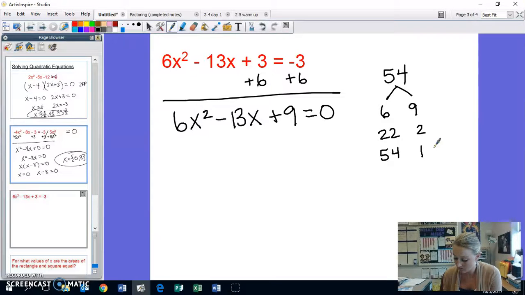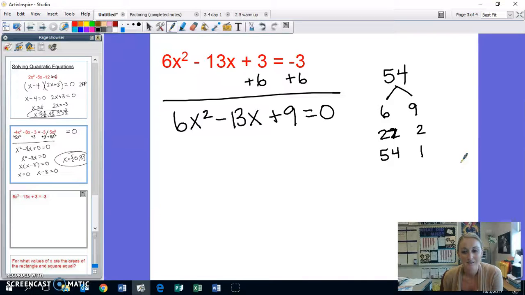You can keep going. 54 divided by 2. Oh wait, this is 27, not 22. Still doesn't work though. 6 times 9 is 54. So what are the factors I'm missing? 54 divided by 13? Nope. Divided by 12? Nope. 54 divided by 2, that's not going to help me.